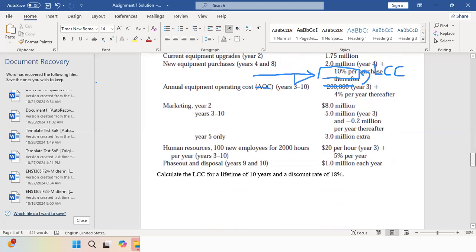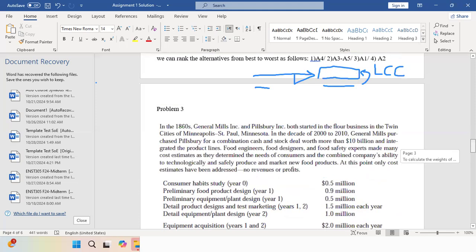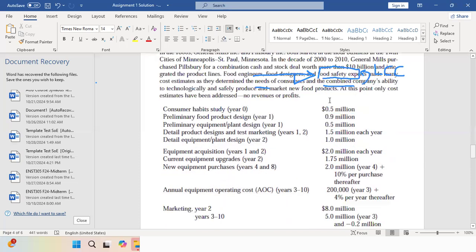So I have to divide 0.9 by 1.18 to the power 1. Because the formula is the cost C1 at year 1, divided by 1 plus the discount rate, and since the discount rate is 18%, 1.18 to the power of the number of the year. I am in year 1, so 1.18 to the power 1.